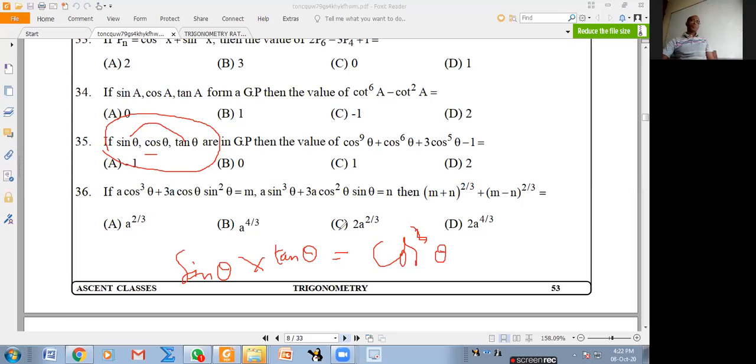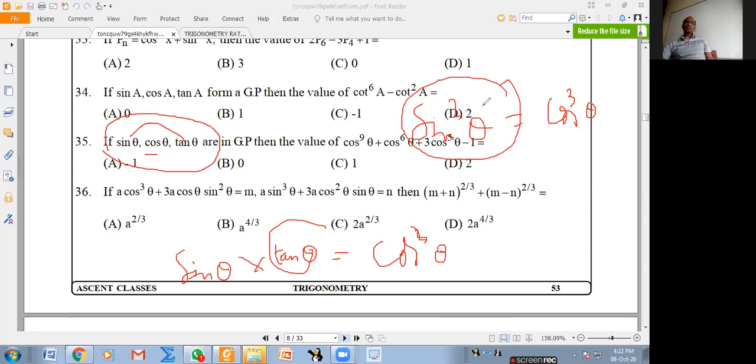Now what to do? This tan I can write as sin by cos, and this cos can go here. Sin will be sin square. So I'll get sin square theta equal to cos theta, writing tan as sin by cos and sending one cos across. And this sin square theta, I can write as 1 minus cos square theta.